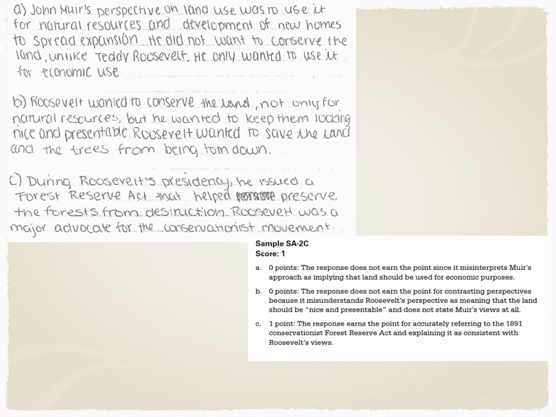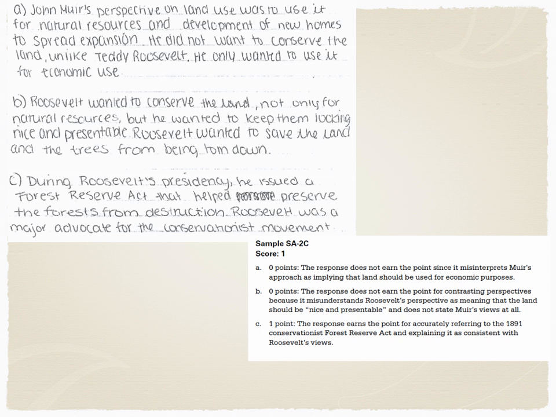The last response received a score of 1. The student did not receive a point for Part A because the student did not interpret Muir's approach correctly, saying that Muir wanted to use land for economic use. For B, the student also did not earn a point because the response did not contrast the two points between Roosevelt and John Muir.